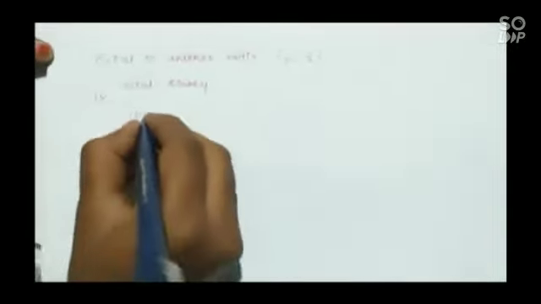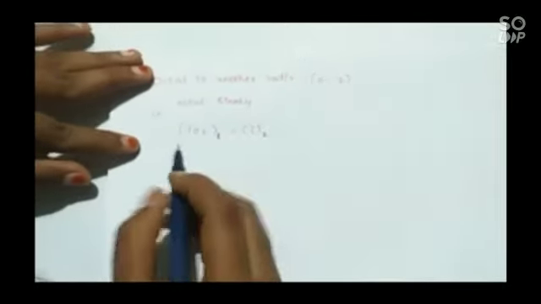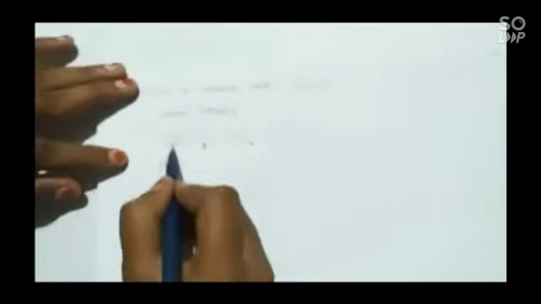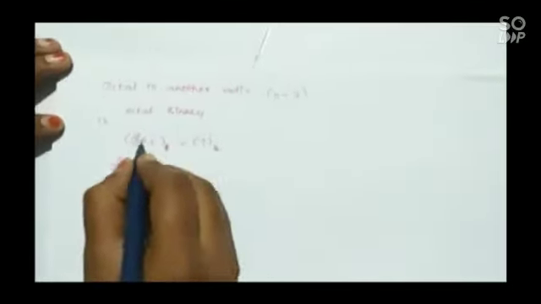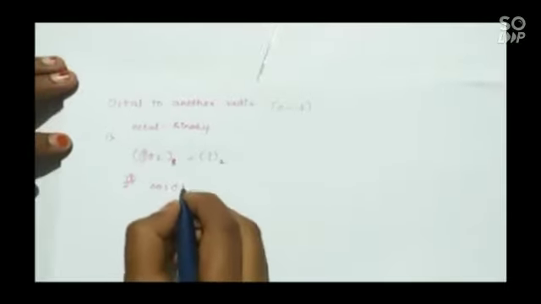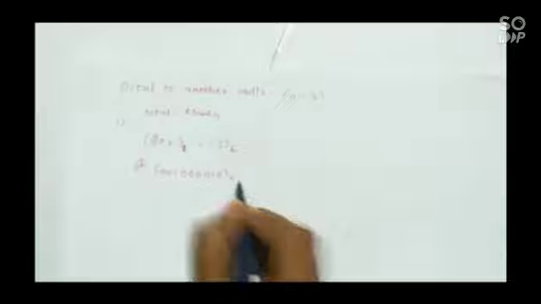Let us take one example, base 8. Now we will convert into binary. Here 8 is 2 cube, so we take the numbers as binary by 3 digits: 001, 000 and 010 base 2.